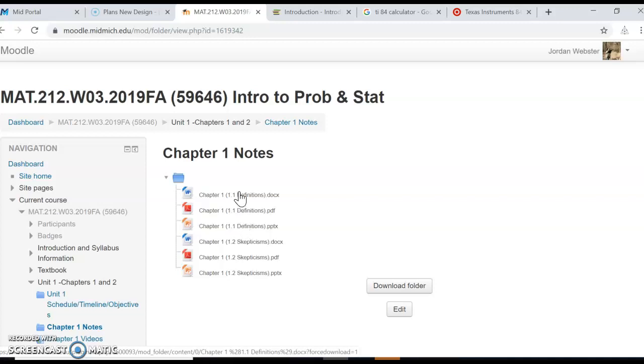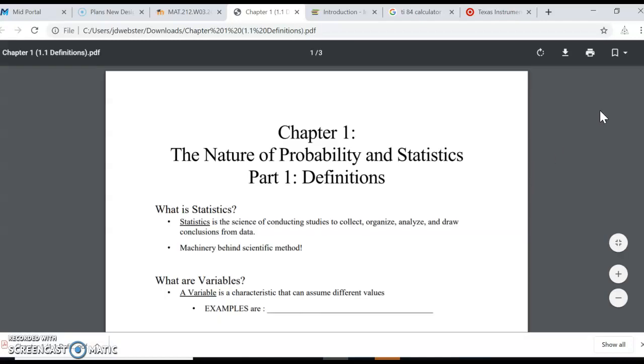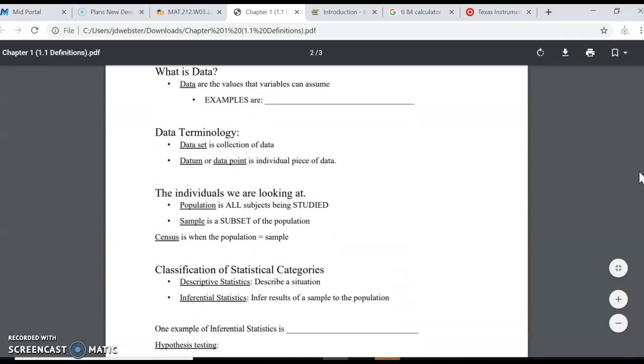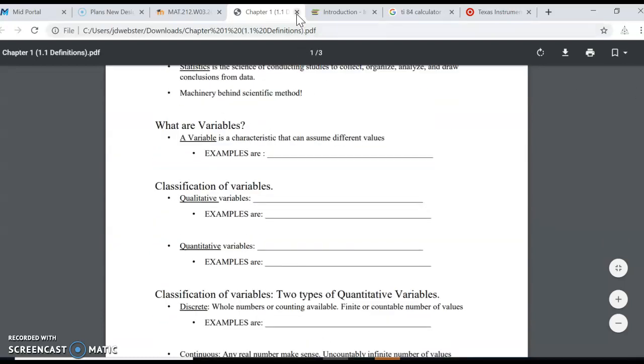So chapter 1, you can see there, here's the notes. I've broken it down by parts. There's just 2 parts, just so it's a little bit easier. So you can print those things off. You can download them straight from Moodle, print those off, and you'll kind of see how this works.